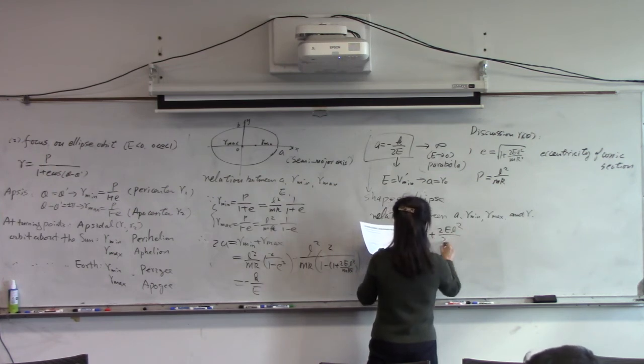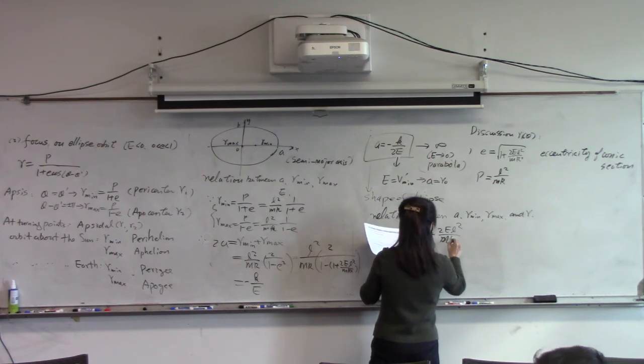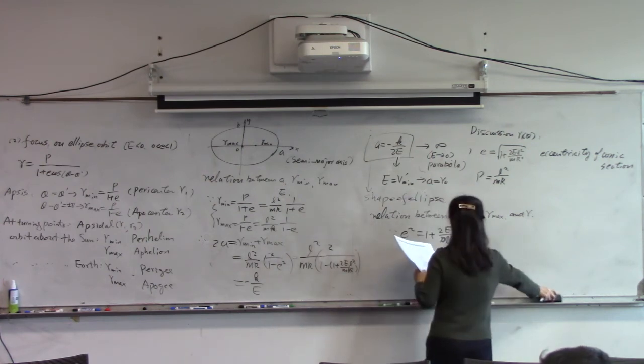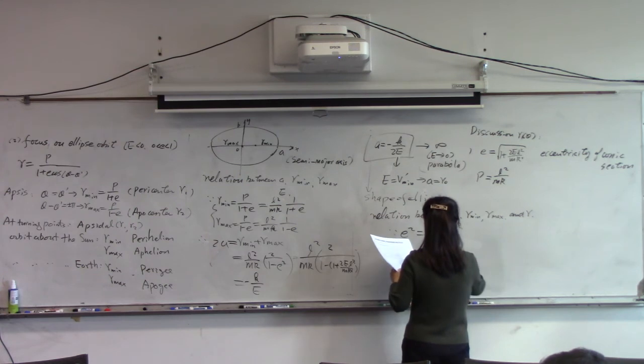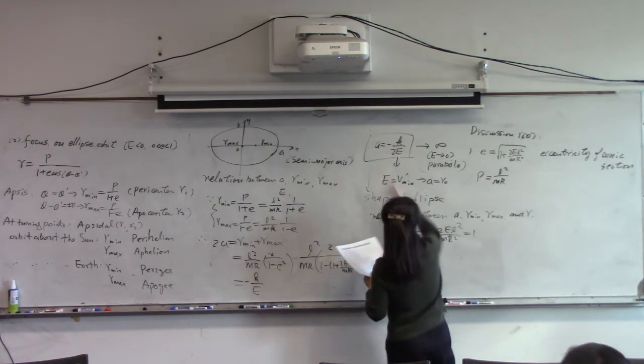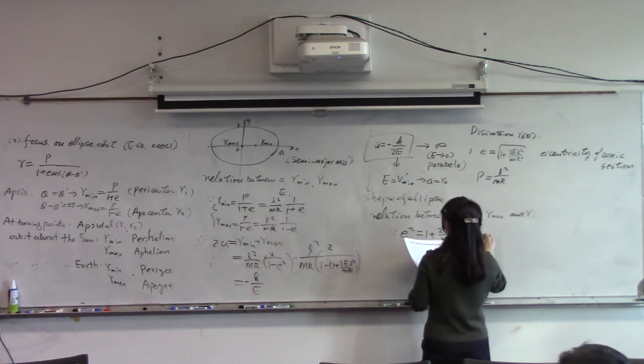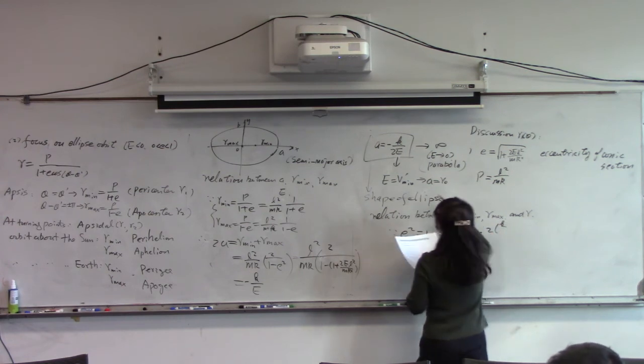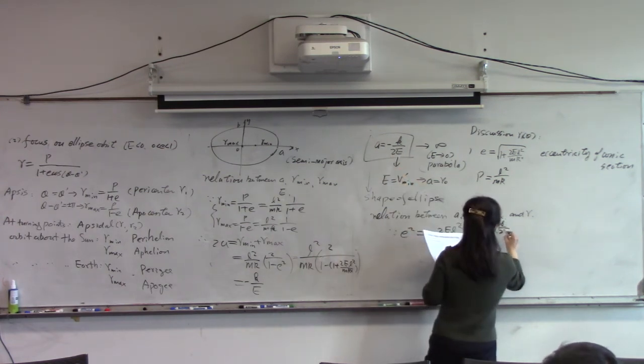L square over 2 M K square. Then E is here, right? So we replace that by the 2K, because minus sign over 2E L square over MK square.